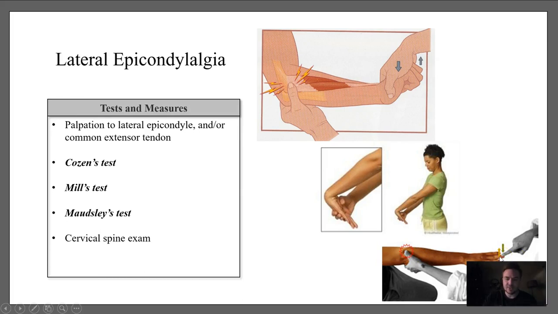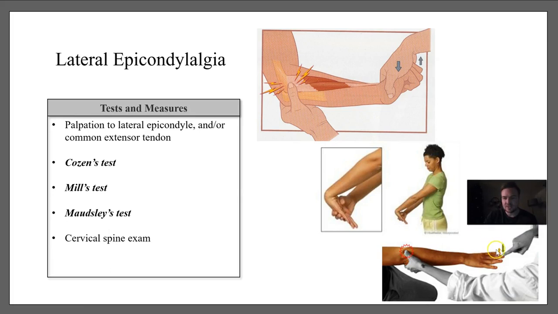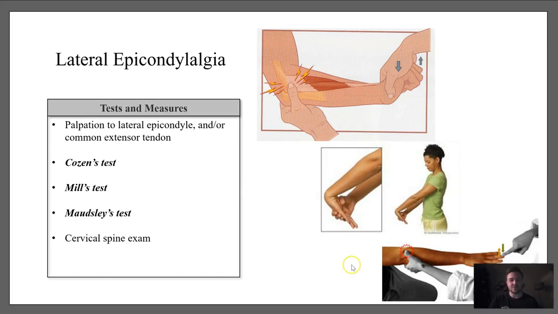So you have middle finger that you resist. You resist middle finger extension. If they have pain at this area, it is a positive test. And of course, you want to rule out cervical spine involvement, so you should screen the cervical spine as well.